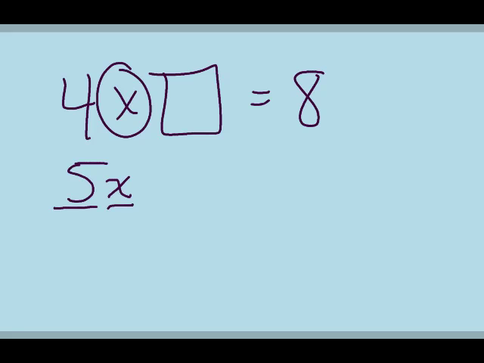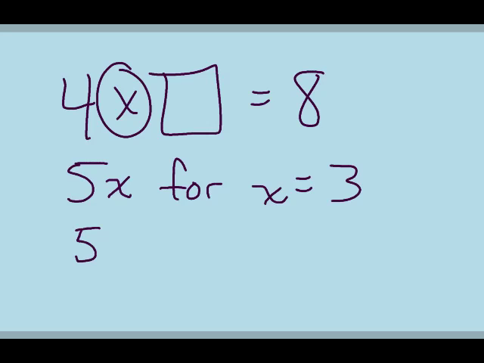Okay, and so the book would say something like simplify 5x for x equals 3. And now we simply just do the same thing. We plug in 3 for x in the original, which would be 5 times 3, and I'm just going to show you a couple new ways to write it as you get used to not using this symbol.